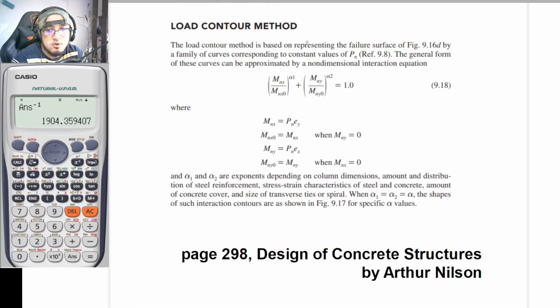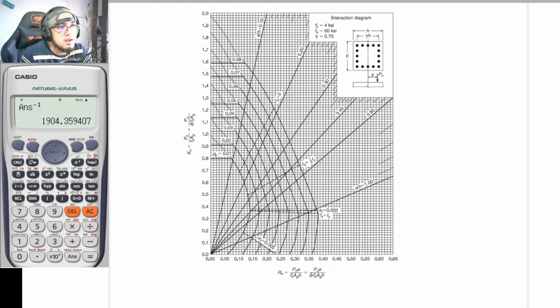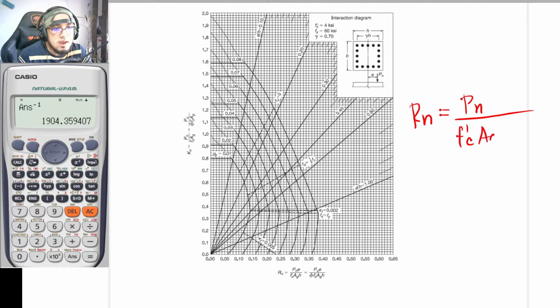So yung isa kasi load contour method, this time we would be using their moments instead of our Pn. So yung moment natin, if this is now to be our, let's say our interaction diagram, kung nakikita nyo dito sa baba guys, so isulat ko lang kapag di nyo nakikita. So ito sa baba na to, ang nakasulat dyan, Rn is equal to Pne divided by F prime C A G H times E. So Pne pala to.